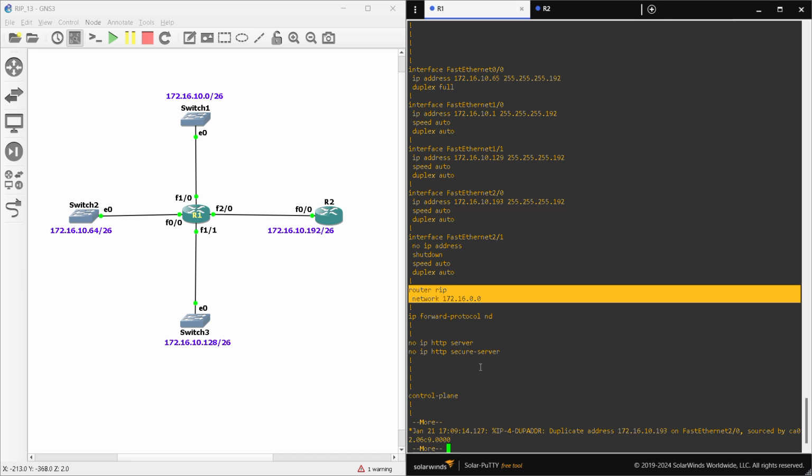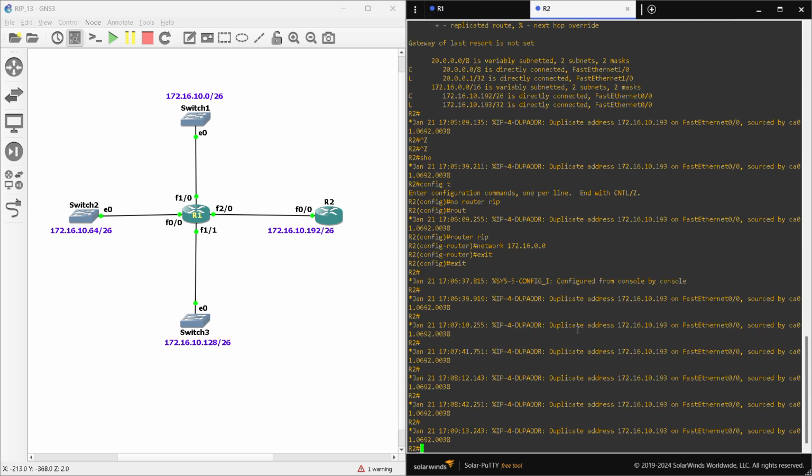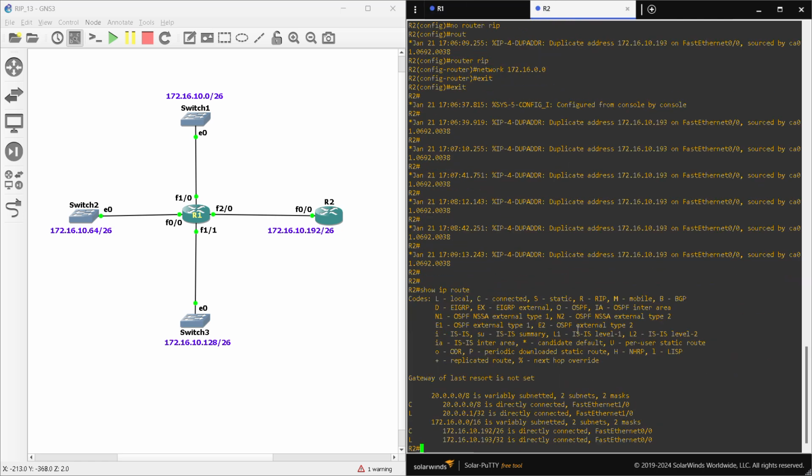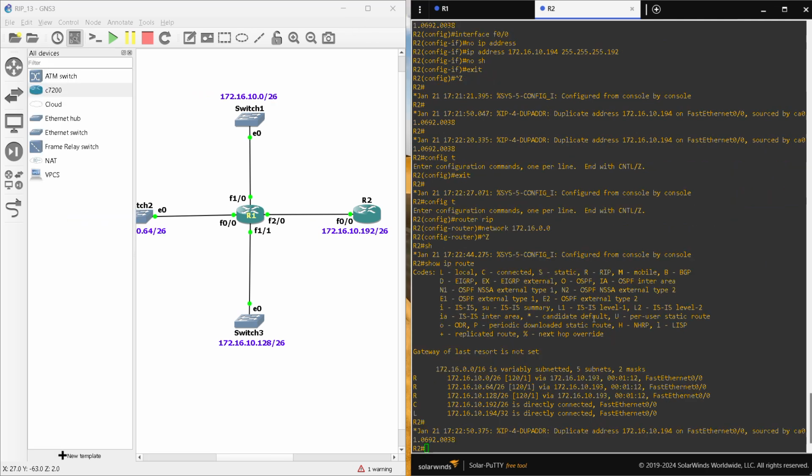Now let's check the routing table of R2. I guess RIP is not configured. Okay, let me do it. So this is what we have received from our R1 router.